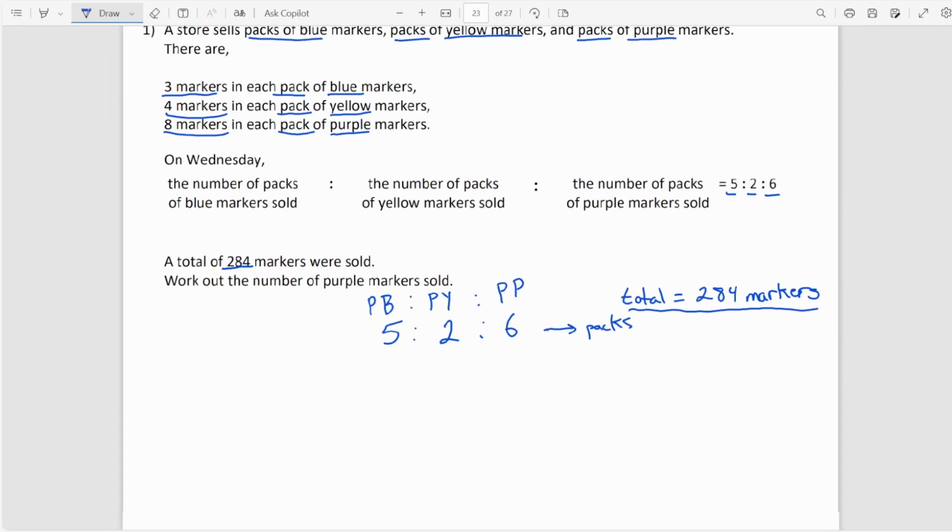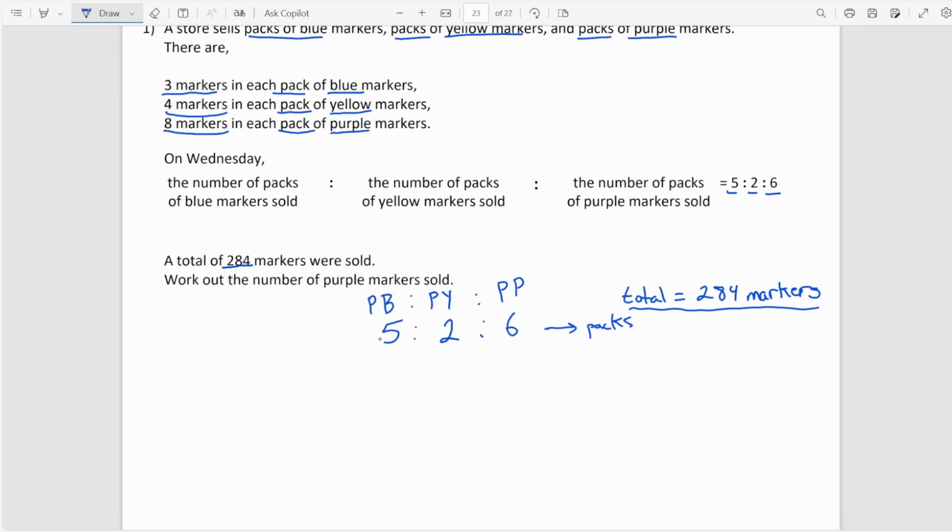Okay, now how will I do that? Well, if you imagine this scenario, what it's saying is that you're selling 5 packs of blue markers, and for every 5 packs of blue markers, you're selling 2 packs of yellow markers, and you're selling 6 packs of purple markers. Now, we can turn this into the actual number of blue markers, the number of yellow markers and the number of purple markers.